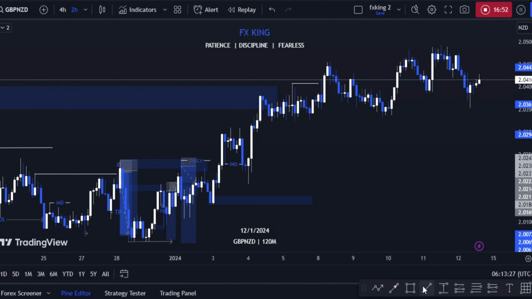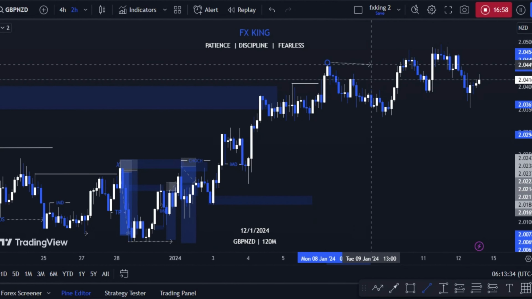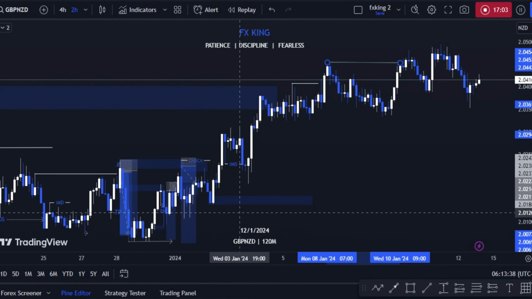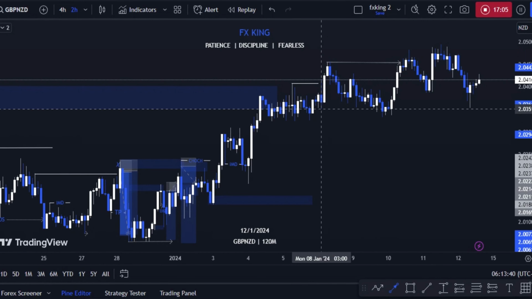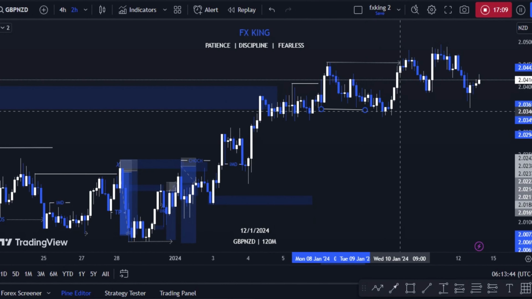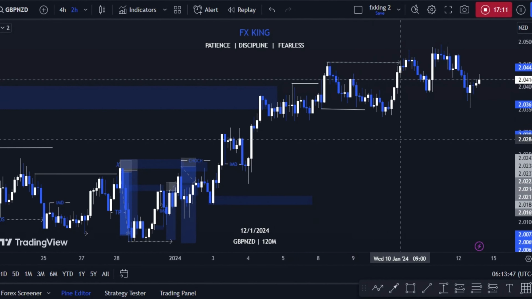An SMC trader will see this as inducement here and this as a break of structure, and this as a break of structure. Now, this will be his level of inducement taken out and this will be his higher low here.